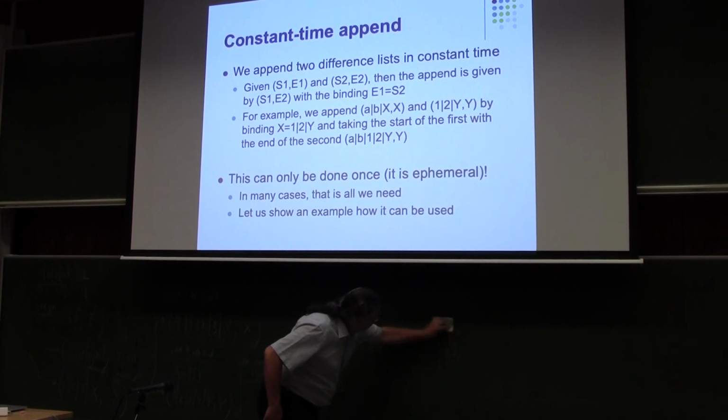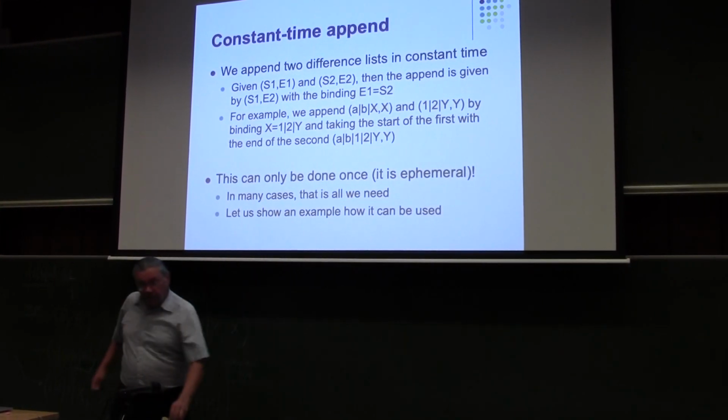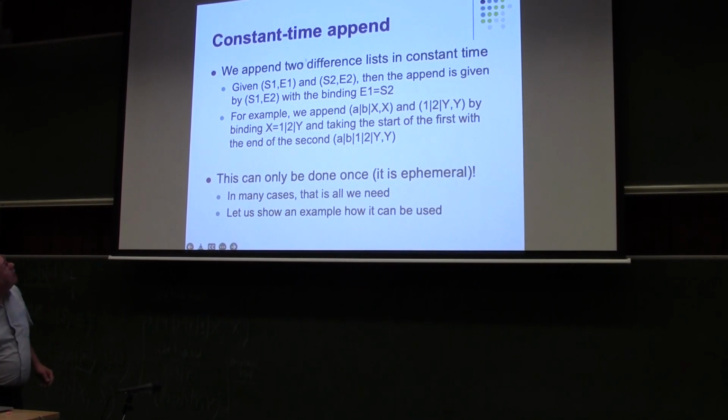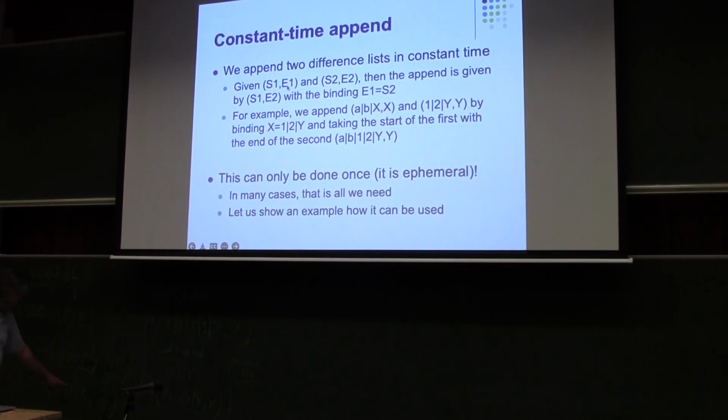So how does that work? If you have two difference lists, here's S1, E1, that's one, and another one, S2, E2. Assume the E here is an unbound variable. You can assume that.